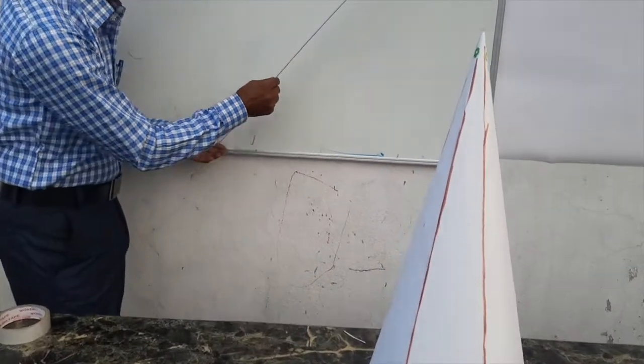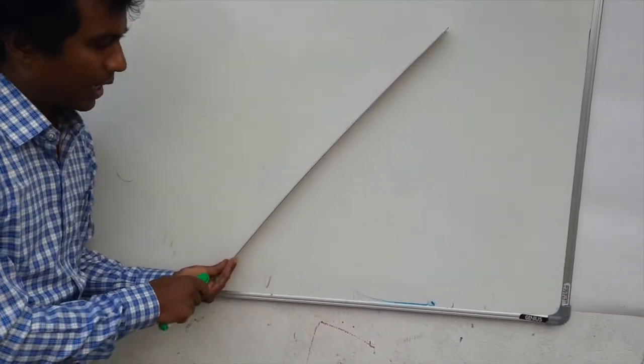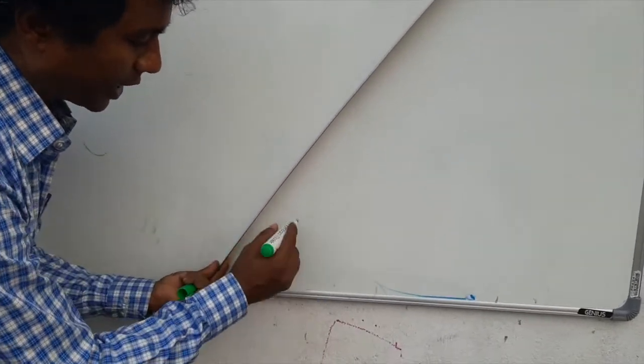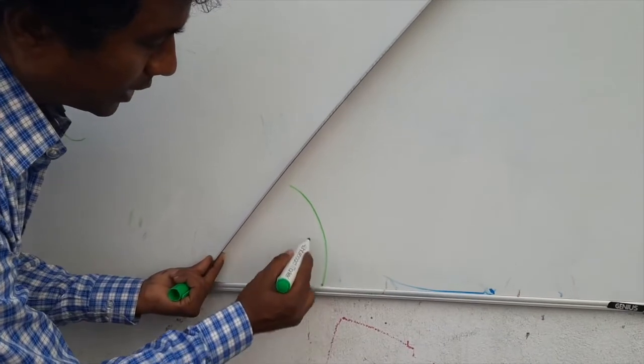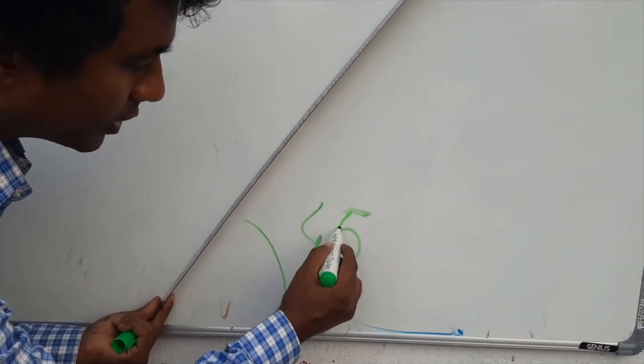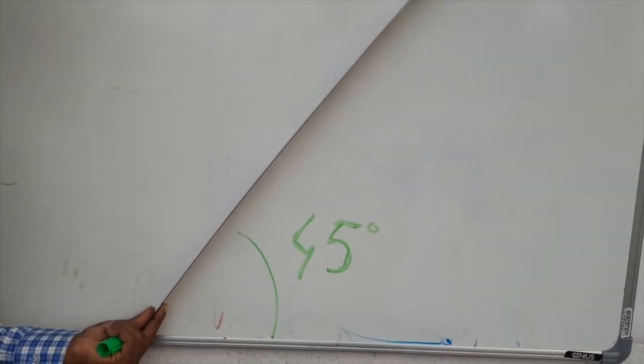This is the VP. It is perpendicular to VP, and with HP the angle is 45 degree. Means if it is the reference line, this angle is 45 degree for the cutting plane.